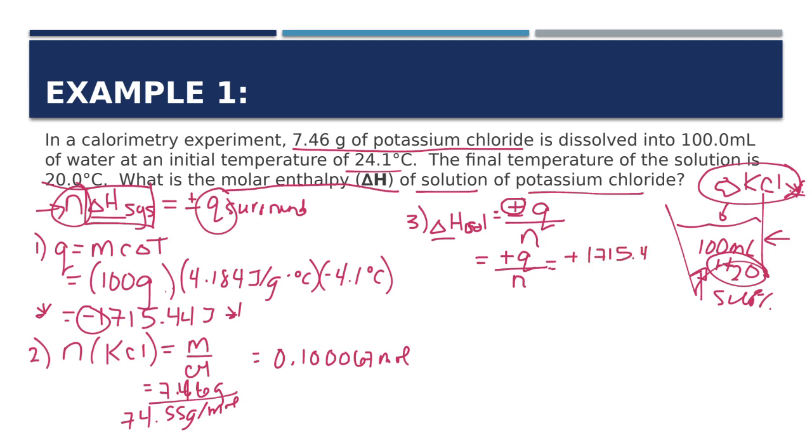1715.44 joules because we are now talking about the system, and the system's endothermic, which means it's a positive value. And we divide by 0.10067 mole. And then we divide that out, and we are going to round to proper significant figures.